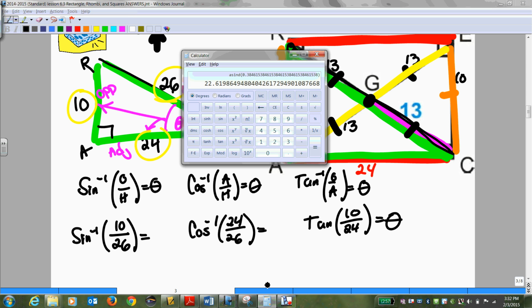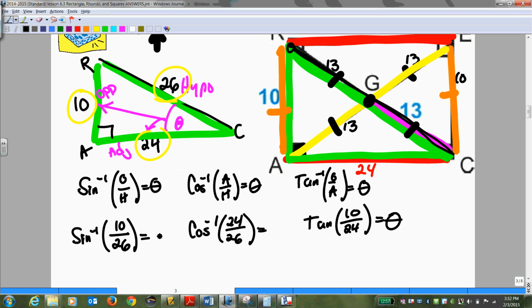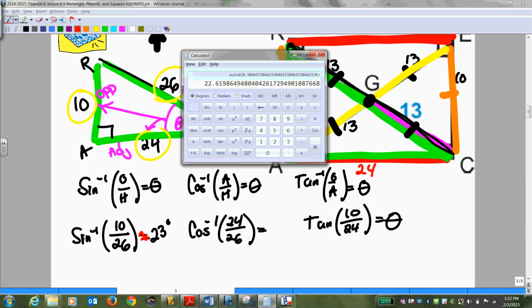Now let's check the math in all three of these. Watch, I'm going to go 10 divided by 26 equals inverse sine. You're going to round it to the nearest whole degree, and that's going to be 23, approximately. Ready? Let's do inverse cosine. I'm showing you all three. Your person you're tutoring only needs to do one.